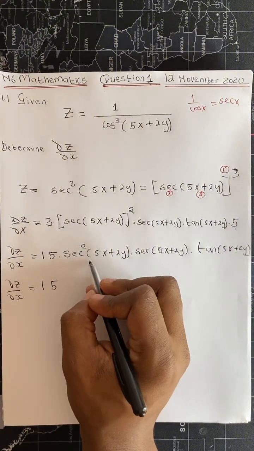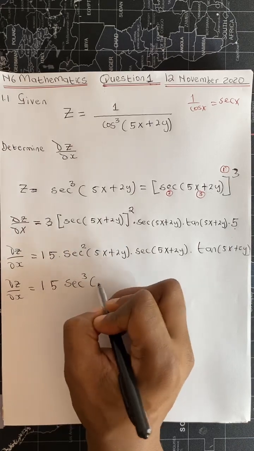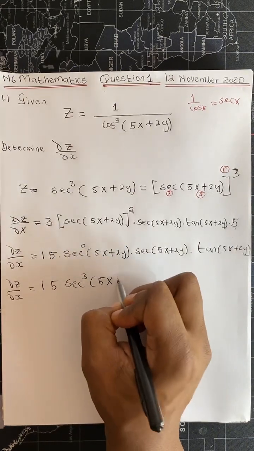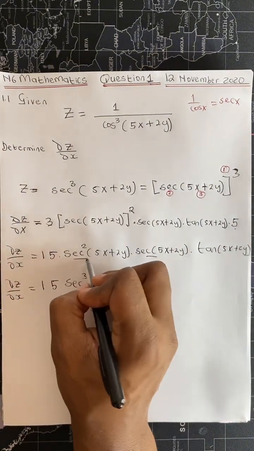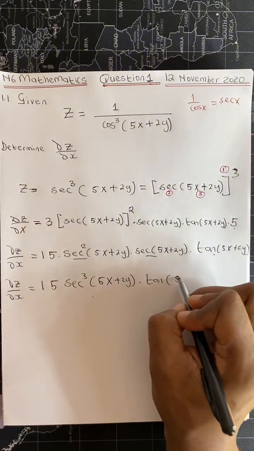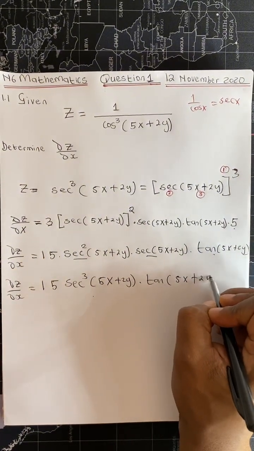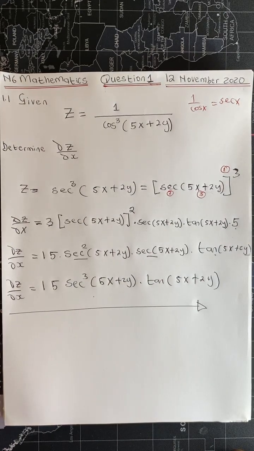So sec squared multiplied by sec will be equal to sec cubed of 5x plus 2y. So now we are left with tan of 5x plus 2y, and this will be our answer for question 1.1.